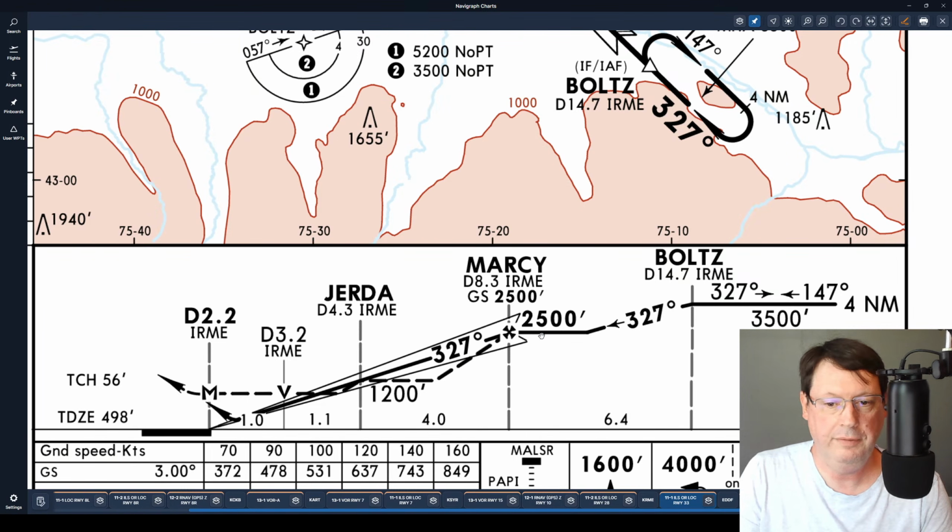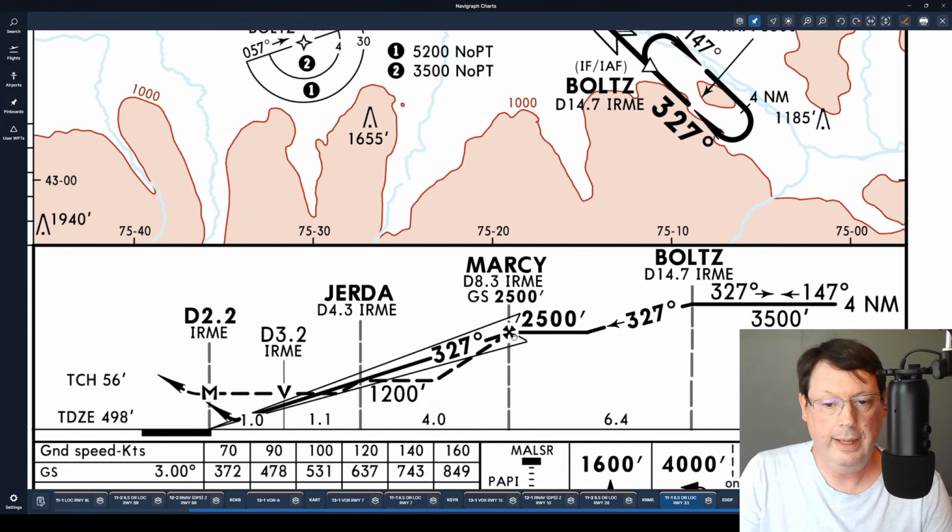Now, why is it 2,500 feet and not a particular distance? The reason is because depending on heat, humidity, that 2,500 feet could be a little bit left or a little bit right of this 8.3 IRME distance measurement, right? So the 2,500 feet is where the glide slope intercept is.